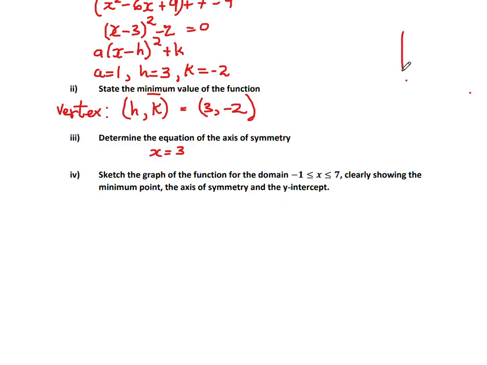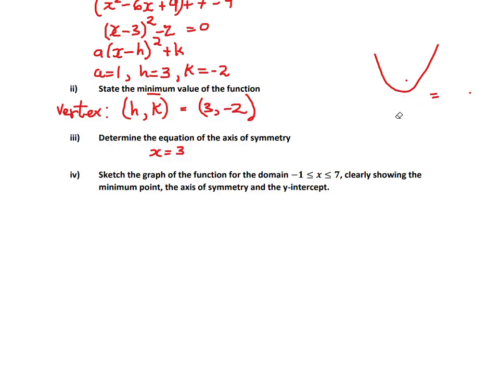And because the axis of symmetry is a vertical line, its equation has to be expressed in terms of x. If it was a horizontal line, then it would have been expressed in terms of y. But because it is a vertical line that passes through the vertex of the parabola, which is the graph of the quadratic, it's going to be an equation expressed in terms of x.